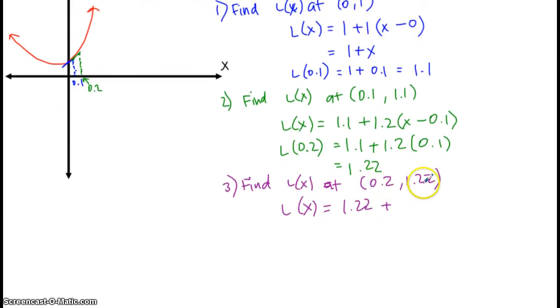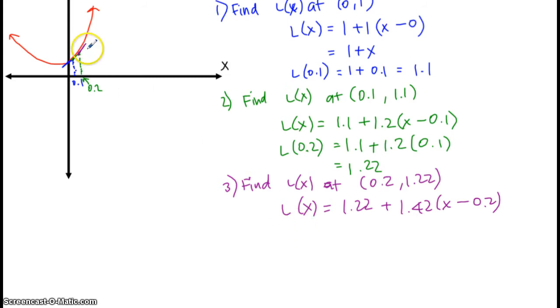So x plus y will give me 1.42 times x minus x1, which is 0.2. Now that purple, this equation of a line, is my next linear approximation. My slope is getting a little bit steeper, 1.42. Starting from this point, it's going up a little bit steeper now, right?